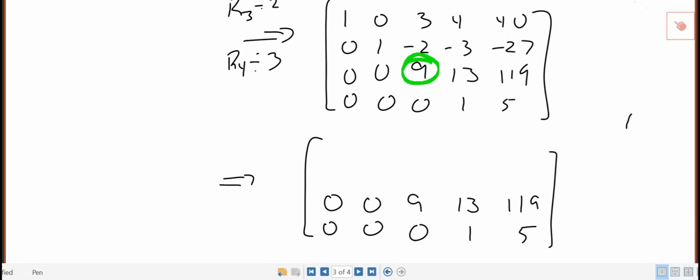So for the top row, I know if I took 3 times row 1 and subtracted row 3 from it, I wrote down plus, but I need a minus. That's going to give me a 0 in this top position here, because we're going to wind up with a 9 minus a 9.